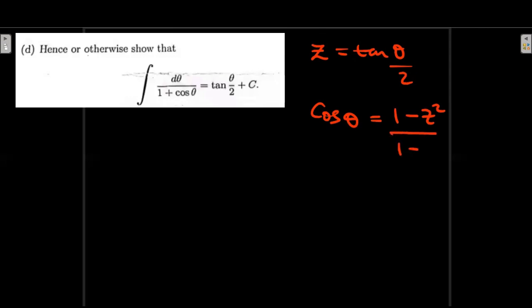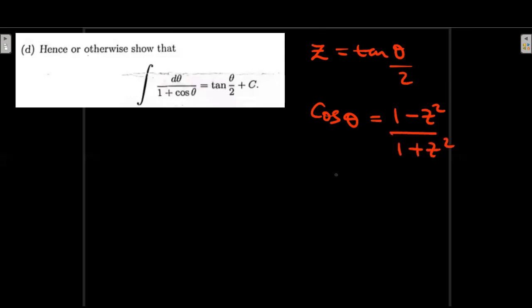And in this next question, we use magic substitution in order to solve this question. So magic substitution, you have z equal to tan theta over 2. So you're saying z is equal to tan theta over 2. And when you work this out in terms of just z, we won't derive that part because we already did it in the other paper, where we found that cos theta is going to be equal to 1 minus z squared over 1 plus z squared.